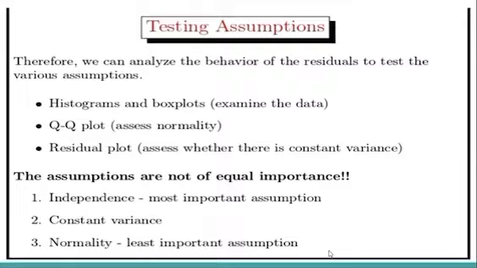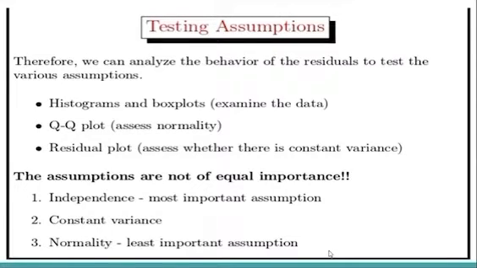If I want to test whether the constant variance assumption holds, I'm going to make use of residual plots. In addition to plots, we can make use of the Shapiro-Wilk test of normality. In R, we call it shapiro.test.